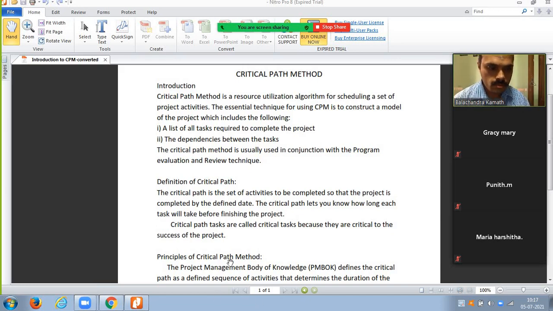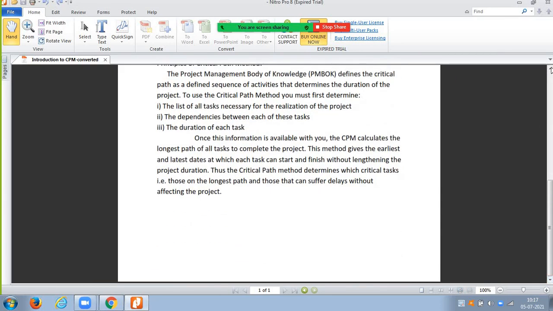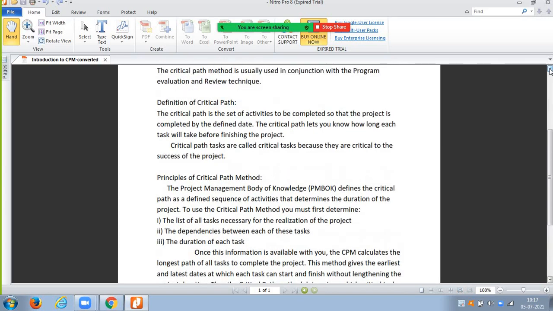Now because it's a project management tool, we have to identify what the principles behind the critical path method are.